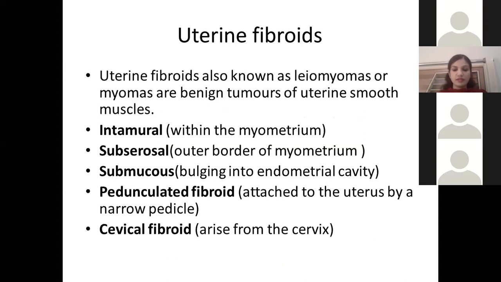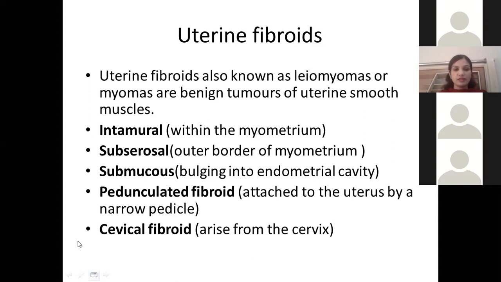I want to discuss one case with you. If the patient is pregnant and the patient is having cervical fibroid, we cannot give trial of labor to the patient because the cervix causes obstruction of the fetus, and there's difficulty in delivering.